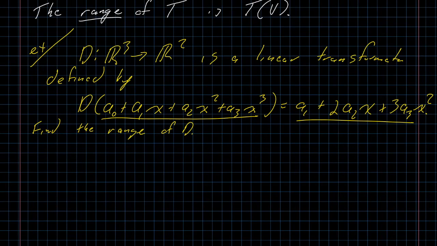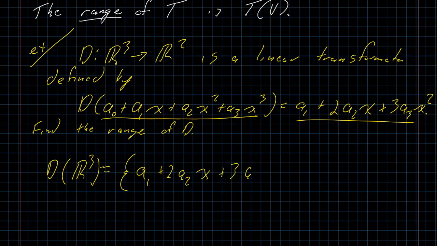So the range D of R3 is the set of all vectors, all second degree polynomials, that look like a1 plus 2a2x plus 3a3x squared for a1, a2, and a3 in the real numbers.